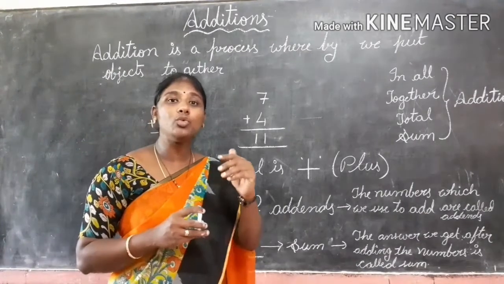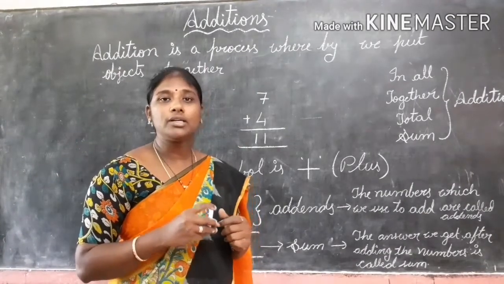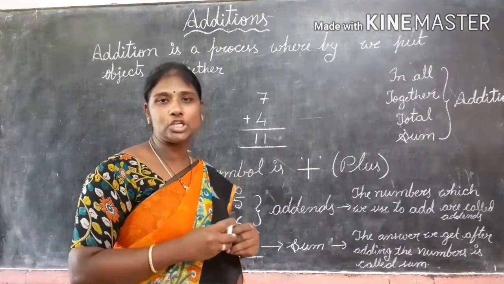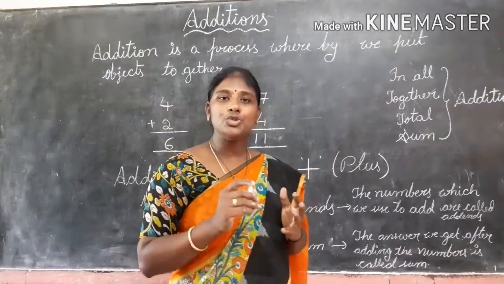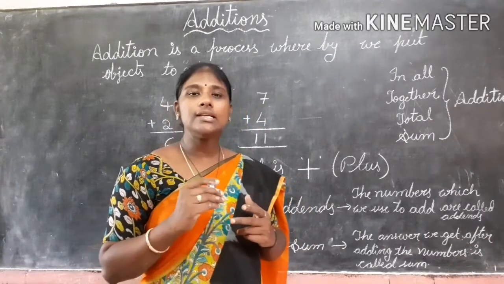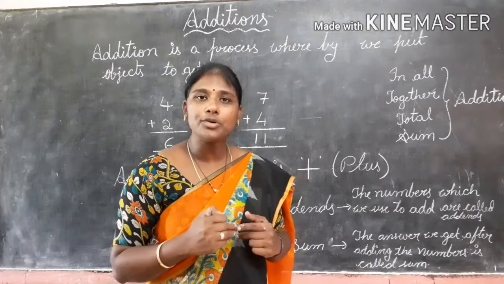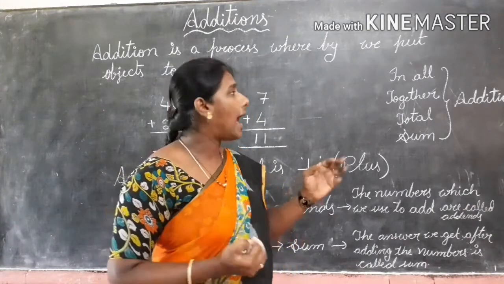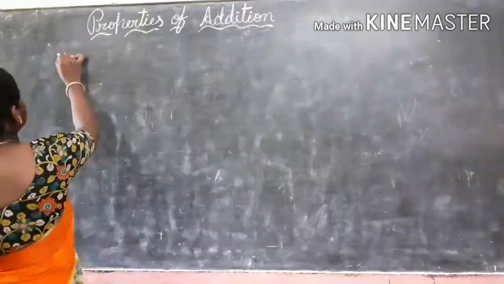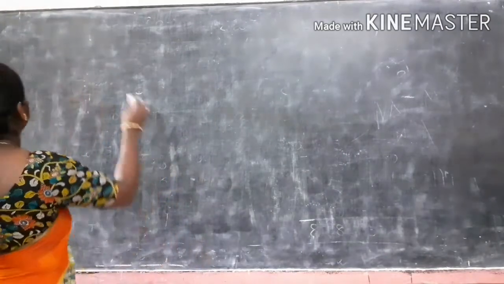The terms used to do addition are in all, together, total, sum. Whenever any of these words is there, we have to do the addition. Understand, children? Then shall we do some problems on addition?